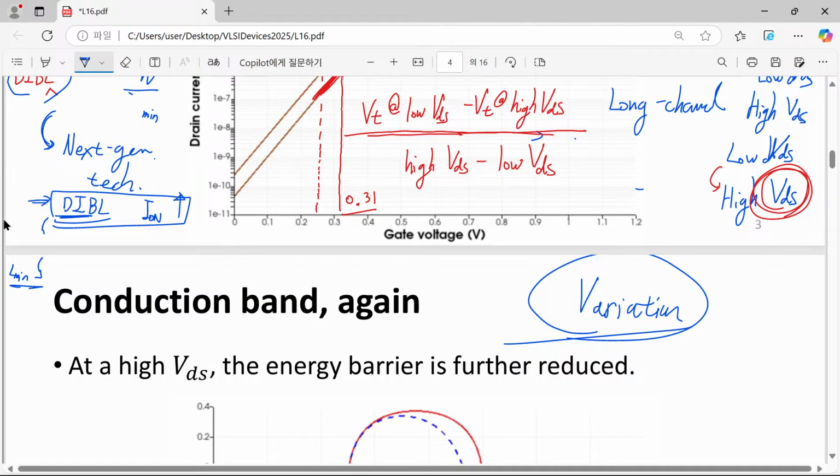And usually, if they find a solution, then we can once again control DIBL, and then we can increase the on current further. That was the situation we have had.